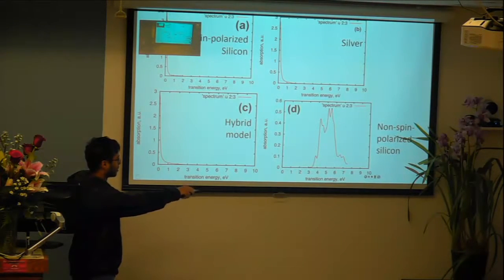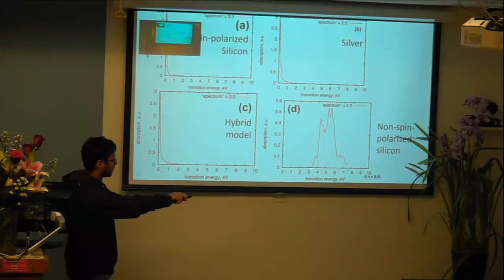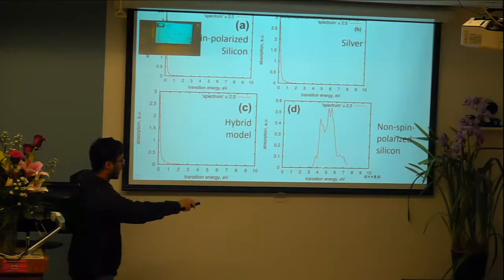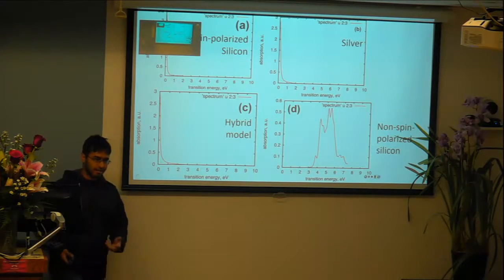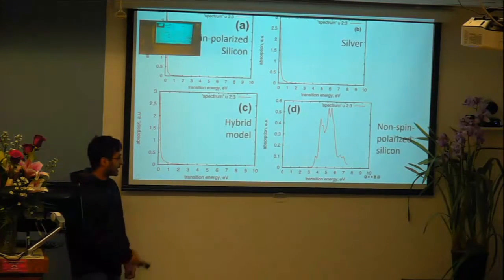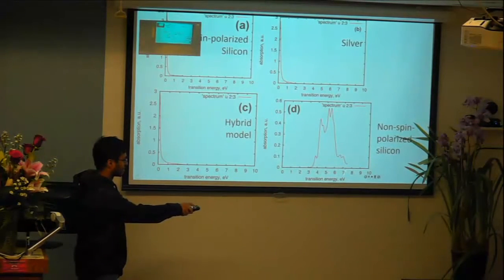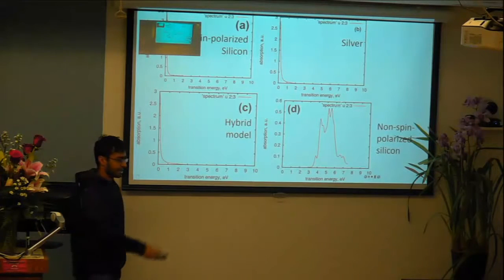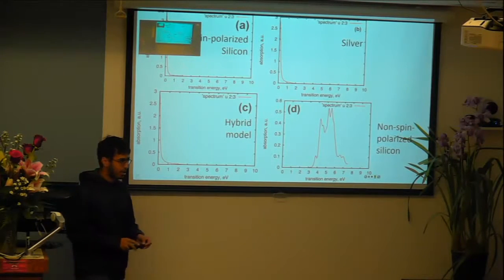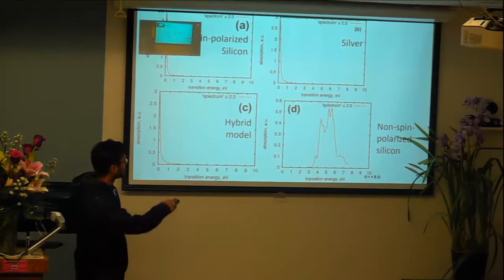And then on this lower right-hand plot, you can see that there are peaks at a higher transition energy, signifying that ultraviolet light can actually excite electrons from a lower state to a higher state when these electrons absorb photons.